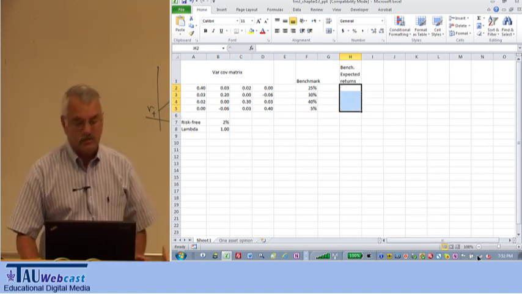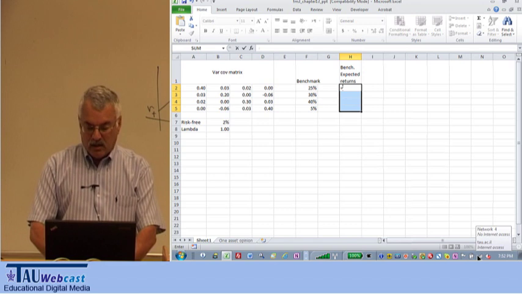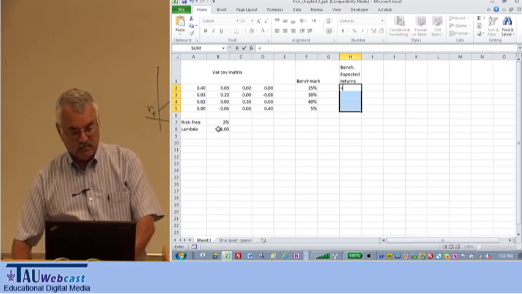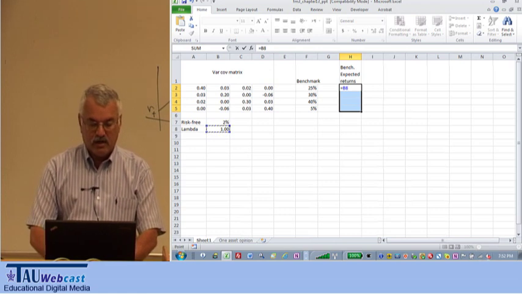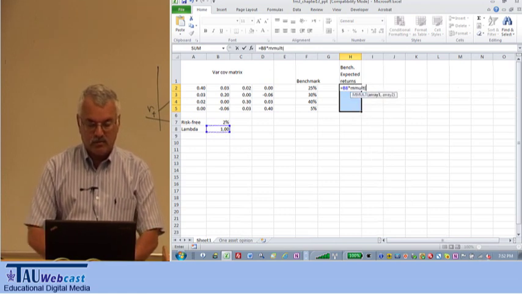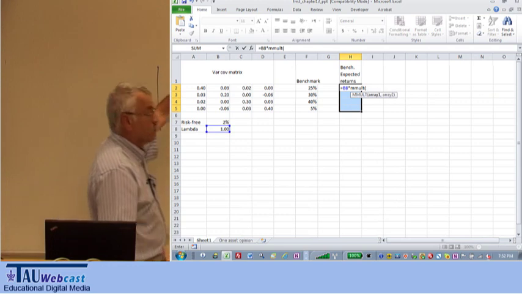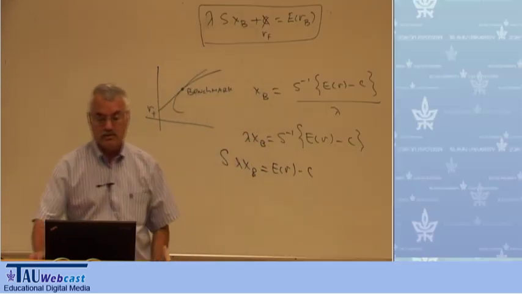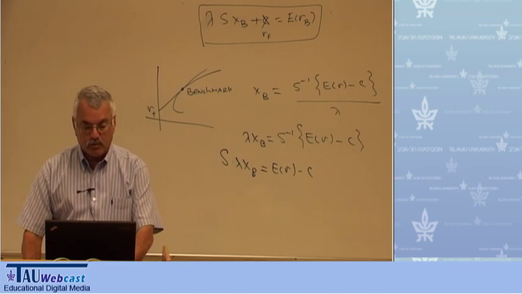So it's an array function. I say lambda times matrix multiply. Now, the matrix multiply, I have to multiply the variance covariance times the proportion.